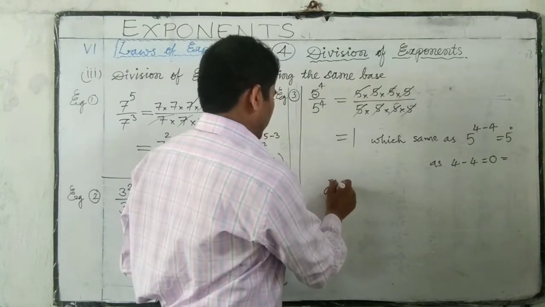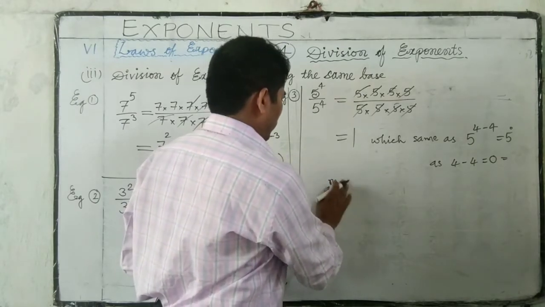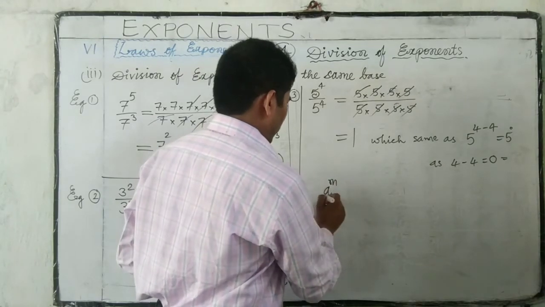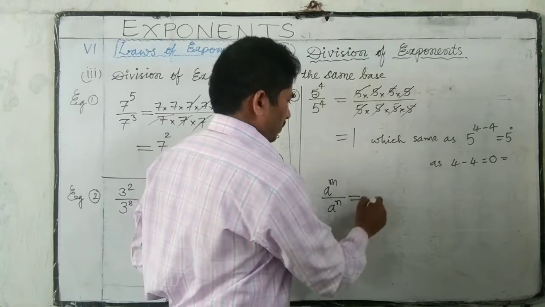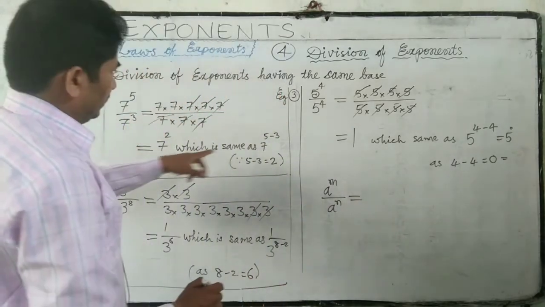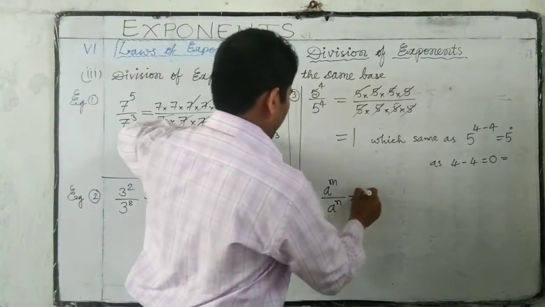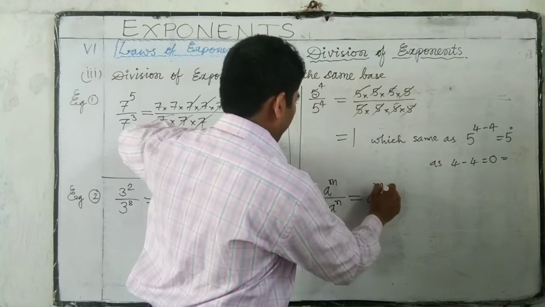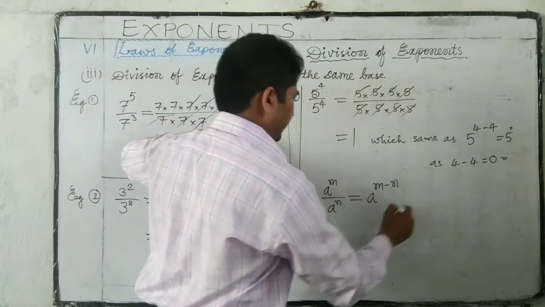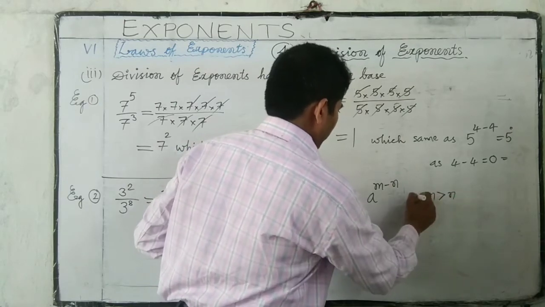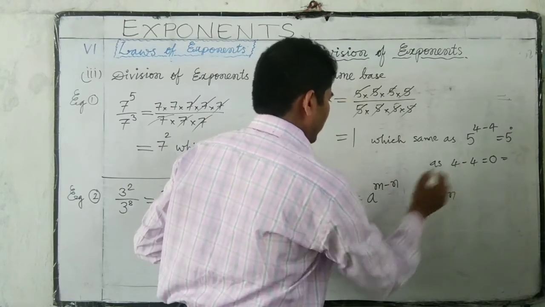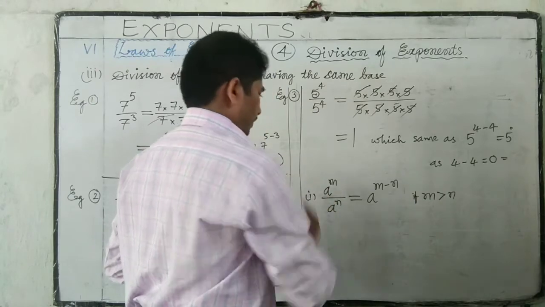By observing these 3 examples, we can write a to the power of m divided by a to the power of n is equal to, in the first case, a to the power of m minus n, if m is greater than n. This is the first one.